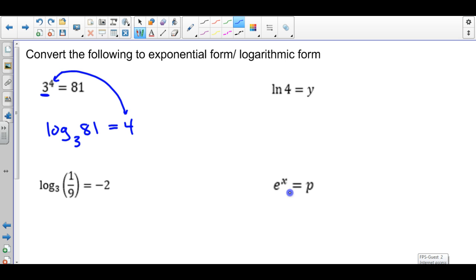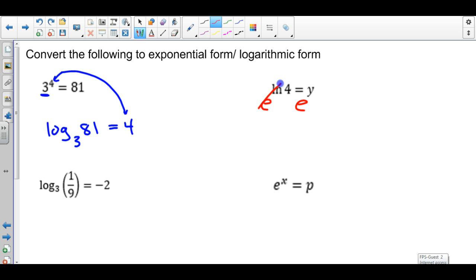I'm going to do the same thing. Actually, I'll wait on that one. I'll do the next one. This one is in log form. I'm going to write this in exponential form, but I'm going to use a little trick, which is an inverse operation. So hopefully you know that natural log and e are inverses of each other. So I'm going to take e on both sides and raise it so that it's e to the natural log 4 is the power equals e to the y.